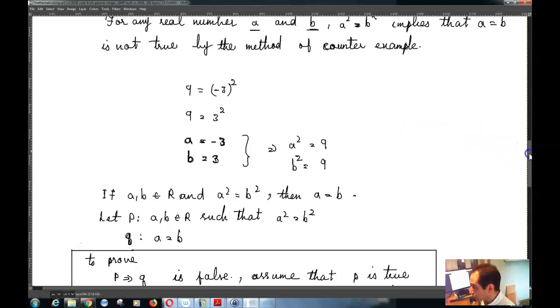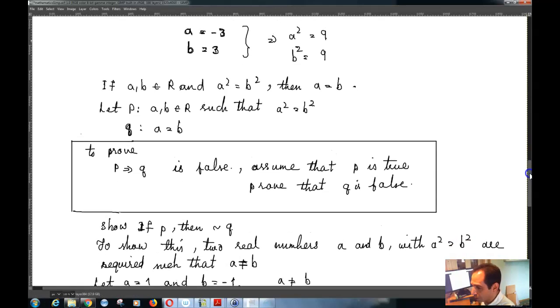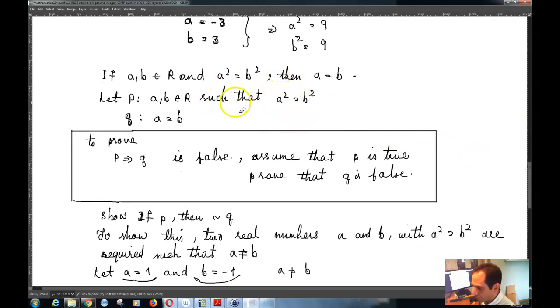But when you write everything down step by step, then there is no room for making mistakes. For example, here you write, let A and B belong to R such that A squared is equal to B squared and A is not equal to B. And then of course you need to know how you want to do it.